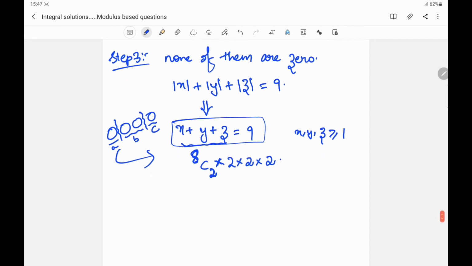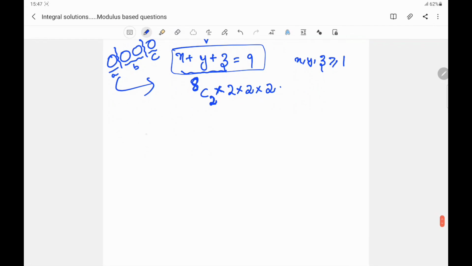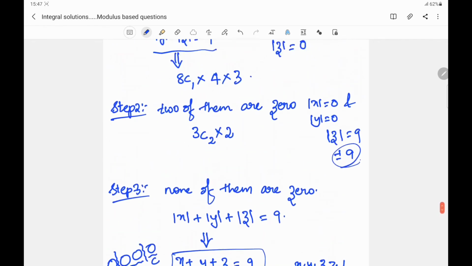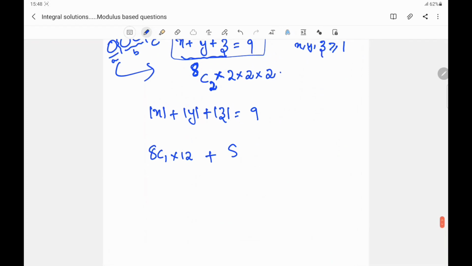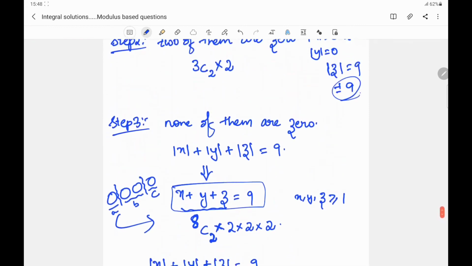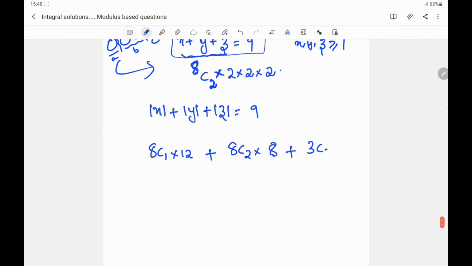So the total number of integral solutions to the equation modulus of x plus modulus of y plus modulus of z equals 9 are 8C1 into 12, plus 8C2 into 8, plus 3C2 into 2.